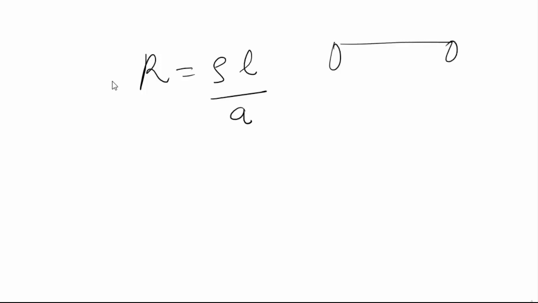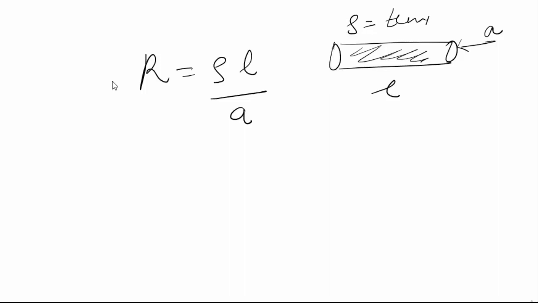It is found that mathematically resistance is equal to rho L by A. So if I have a conductor and I want to find its resistance, then this is the area of the conductor and this is the length of the conductor, and the resistivity will be different for different materials, and it will usually be a function of temperature.